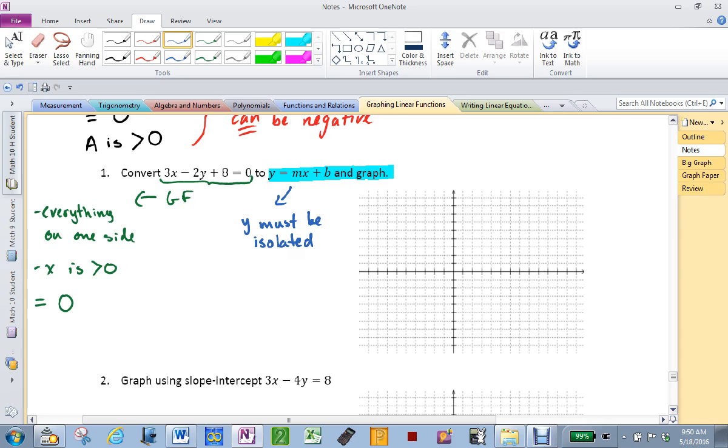Fraction slope or fraction intercept? Fraction intercept makes it tricky. Fraction slope's easy peasy. So, let us do that. Isolate y. Go. What would you move first? You don't have to say it out loud. Just do it. Make it happen.